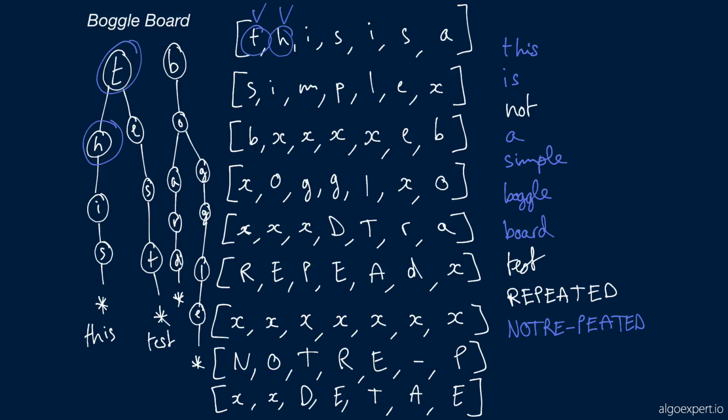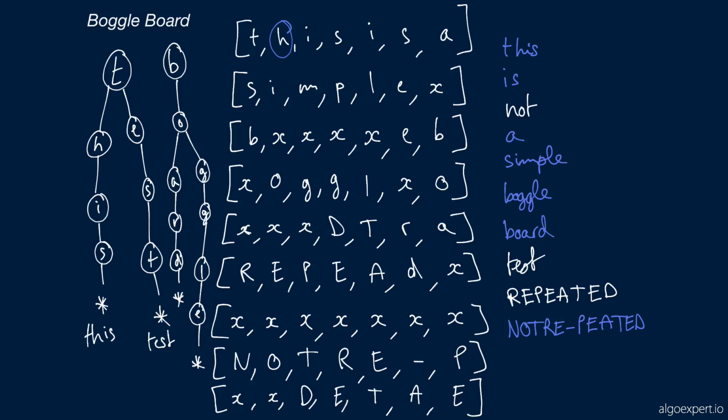Eventually we'll get back to the H. We'll mark the H as unvisited, and we'll move on to the second neighbor of the T, which is going to be I. So we'll already have done everything this way, and now we'll do everything this way. There will be nothing, and then we'll do this way, and there will be nothing. And then finally, boom, boom, we'll undo the visited of the T, and we'll move on to the next character in the boggle board.